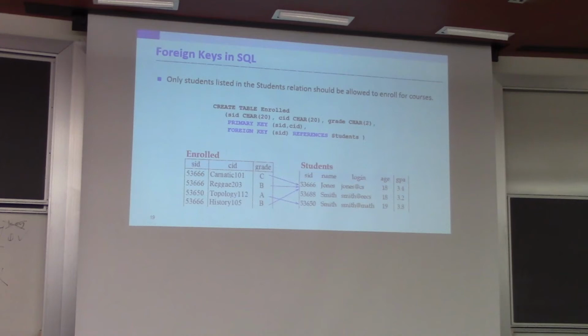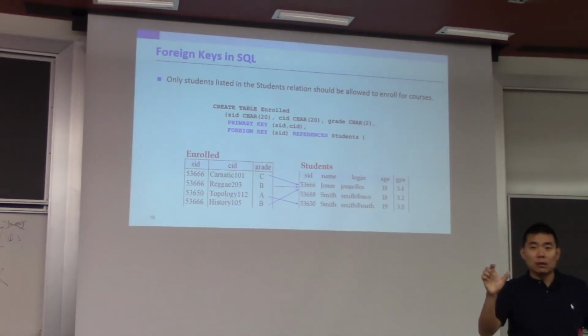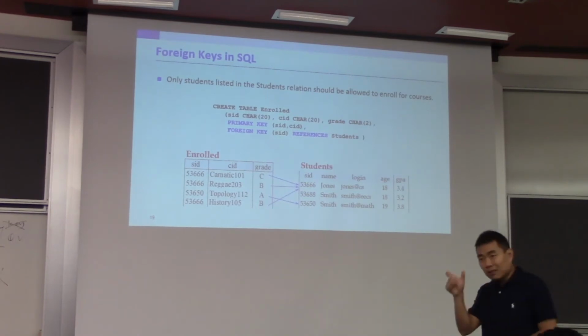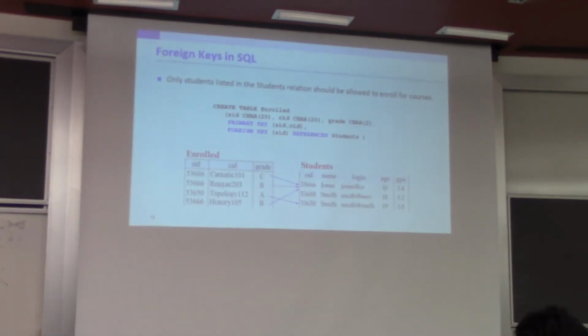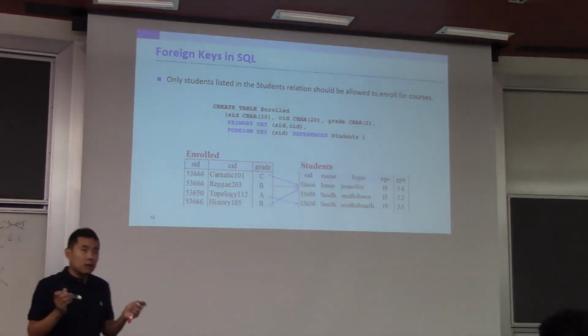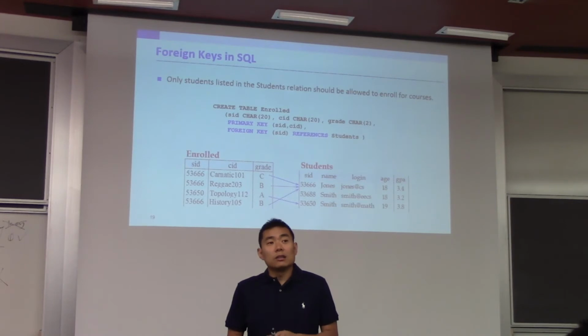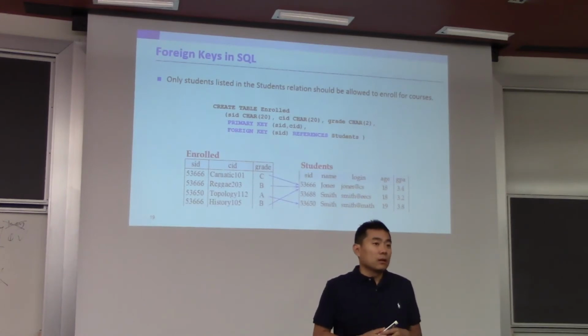Go ahead. Is there any practical difference between the primary key and the candidate key? Very good question. Is there any practical difference between a primary key and a candidate key? The answer is no, really. I mean, it's really a design choice made by the database developer as to which key you want to use as your primary key.